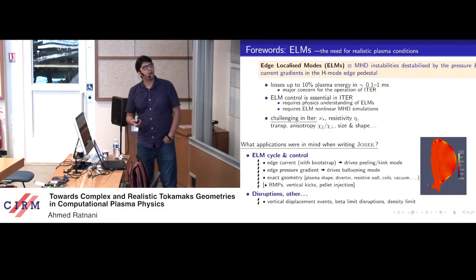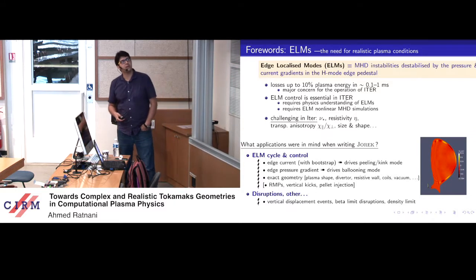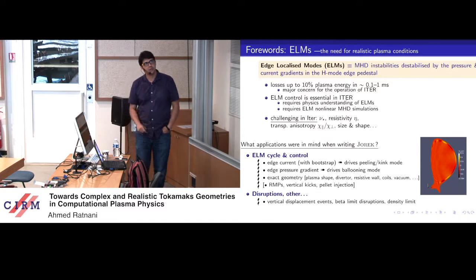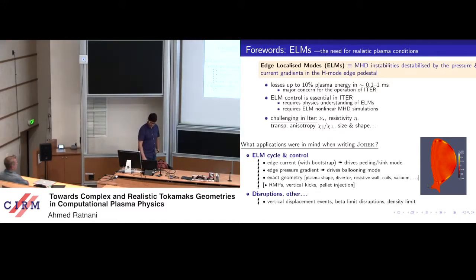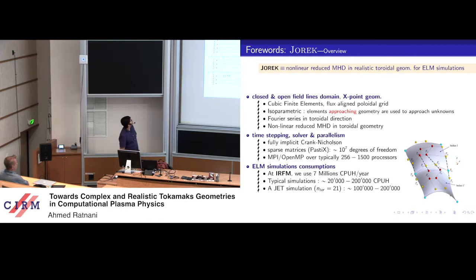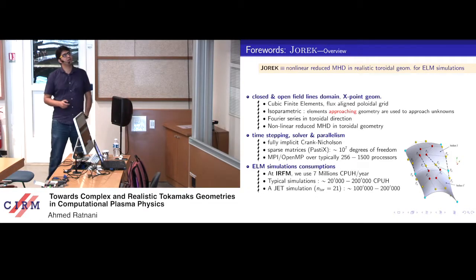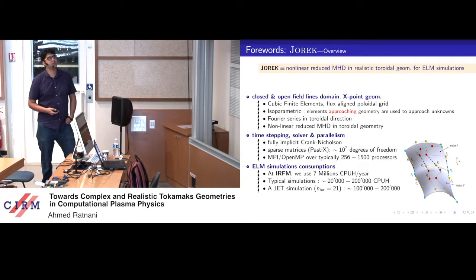And now we have some control techniques like RMPs in order to control these ELMs, these edge-localized modes and instabilities. So Jorek is a finite element code that uses a flux-aligned poloidal grid in the poloidal plane. It is based on what we call an isoparametric approach, which means that the elements approximating the geometry are used to approximate the unknown. And then we have Fourier series in the toroidal direction.